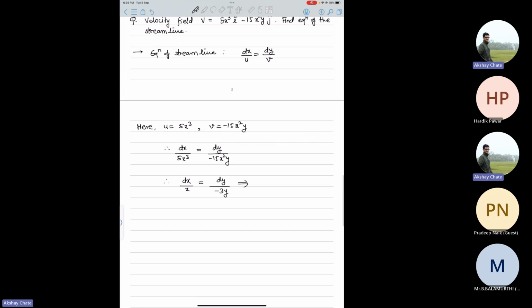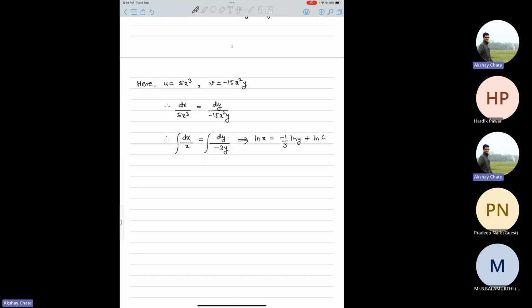Then you can solve this. You can take minus 1 by 3 outside and integrate on both sides. So here you will get ln x, and minus 1 by 3 will come out, times ln y, and there will be a constant of integration, let's say ln c. Then you can eliminate ln.